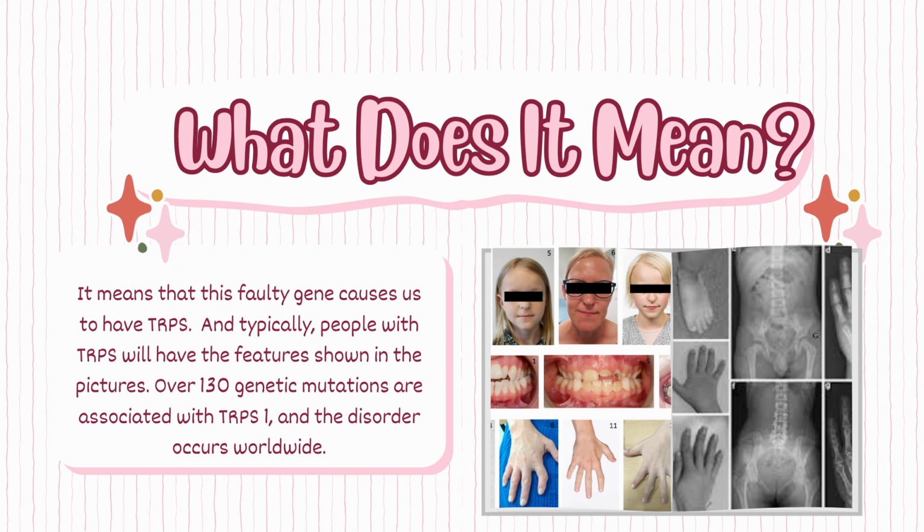And what you're seeing here are people with TRPS. If you pay attention to the facial features, you'll see we have oval faces, and we tend to have light hair. Not always. Like I said, people in Asia and India and all sorts of areas also have it, so they won't have blonde hair.